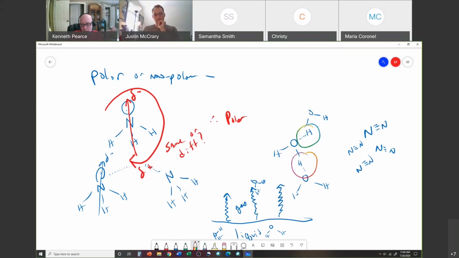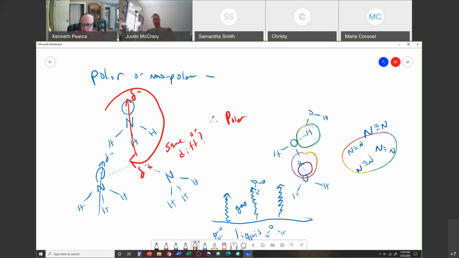If you have a polar molecule, you have to overcome those attractions. If you have a nonpolar molecule, then you don't have to overcome those attractions. Which one's going to take more energy to vaporize?